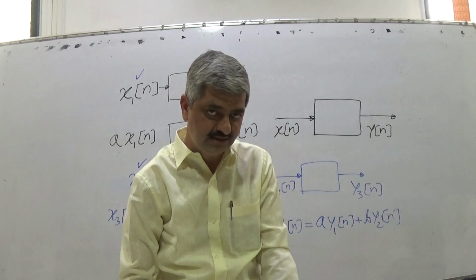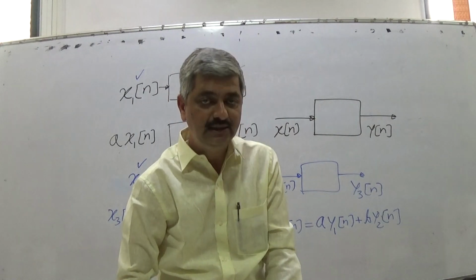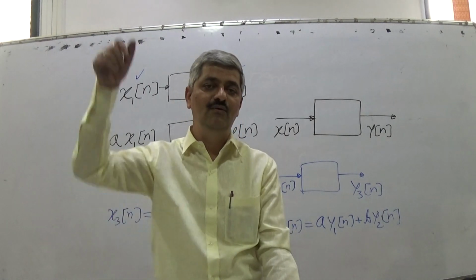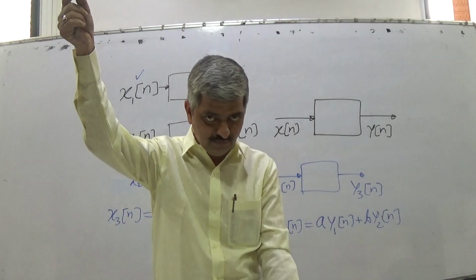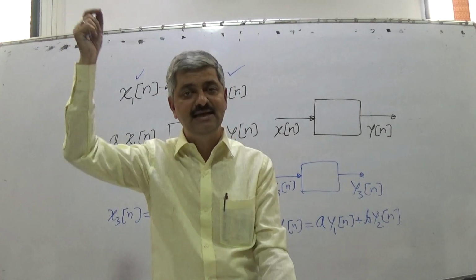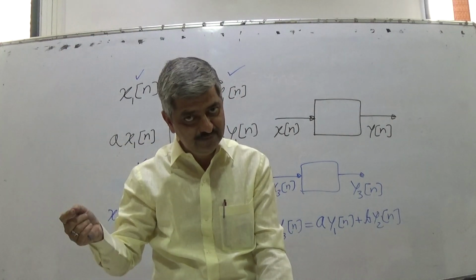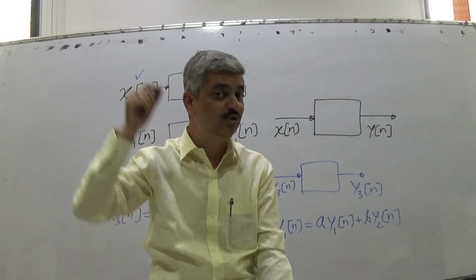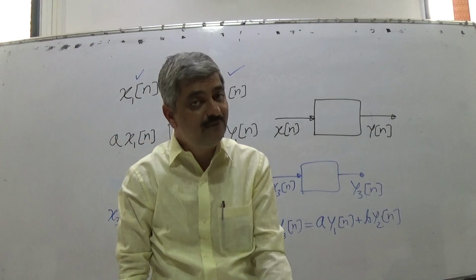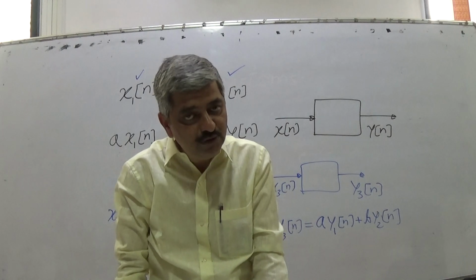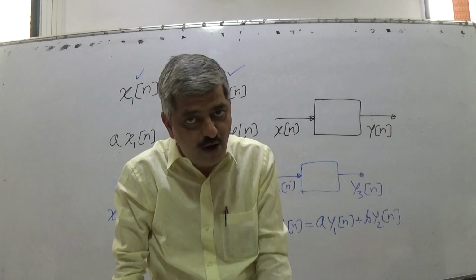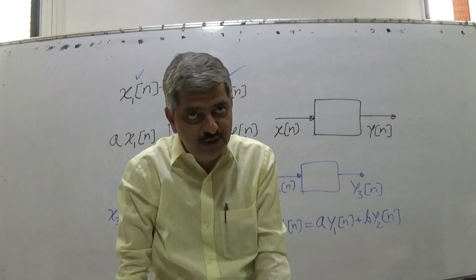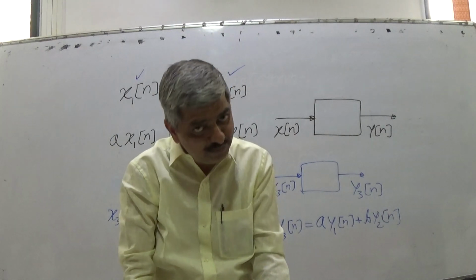A system is called linear if I apply input x1[n], then separately apply input x2[n], and obtain outputs y1[n] and y2[n] for these two separate inputs. Then if I apply an input which is a weighted sum of these two inputs, I will obtain some output.